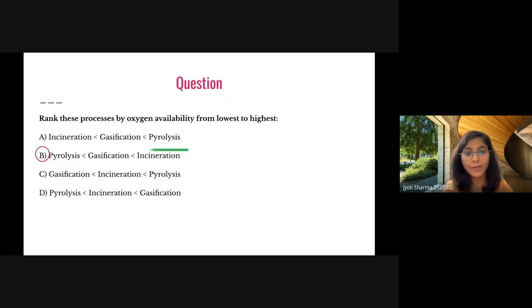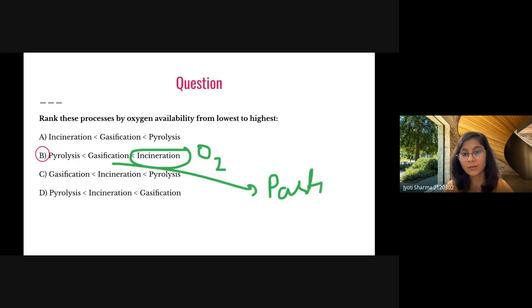So here we are giving full oxygen. In gasification, we are giving partial oxygen. But in pyrolysis, we are giving either no oxygen or very limited oxygen.